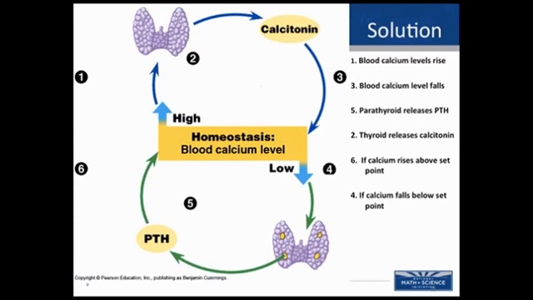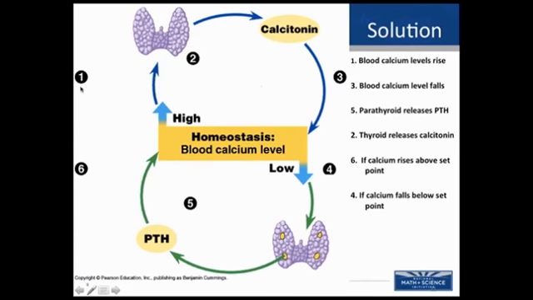If calcium levels drop too low, then they fall below that set point, and our parathyroid gland would produce and release parathyroid hormone, which is going to cause our blood calcium levels to rise above the set point, and that process can return to homeostasis, or we may see again an increase in the calcium levels followed by a decrease when these two hormones are working properly. Hopefully your solutions look something like this.